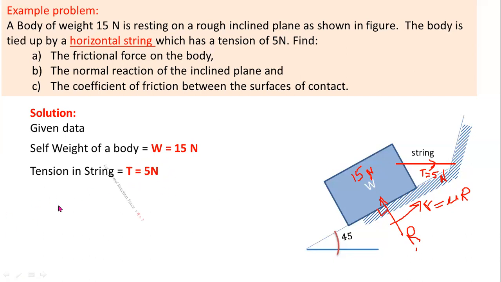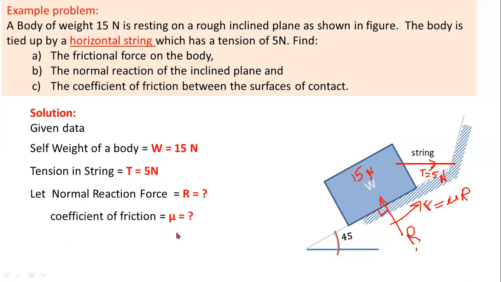You have to determine the normal reaction R normal to the inclined plane, the coefficient of friction mu between the block and the plane, and the frictional force between the block and plane, F equal to mu R. You have to determine these three values: F, R, and mu. Here the angle of inclination of the plane is given, that is alpha equal to 45 degrees.